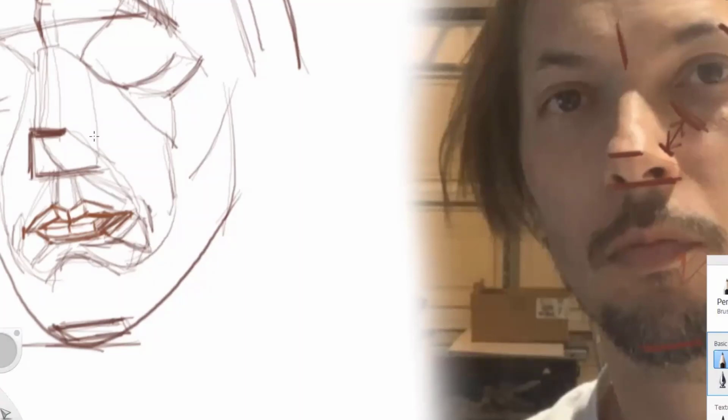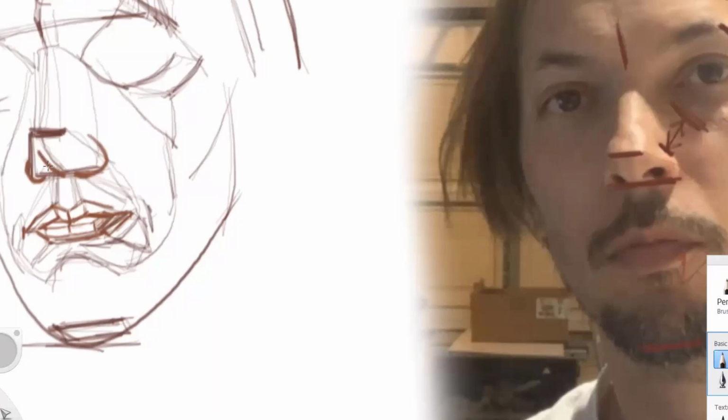So if I go back and look at the nostril in here and I start wrapping around, I can think about the plane changes that happen in there, and I wrap it around the form. I wrap around this middle part this way.